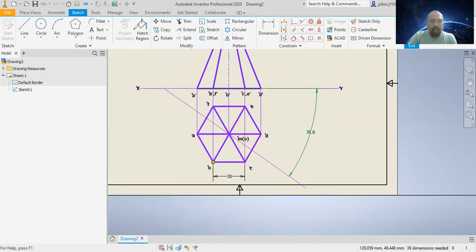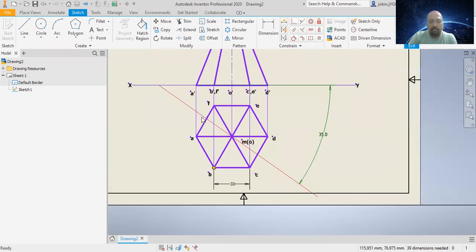Once you have completed the cutting plane, you have to mark the cutting points or the section points. See how many portions this cutting plane cuts: here, then the apex, then here. So three points. That is called cutting points, or it is known as section points.